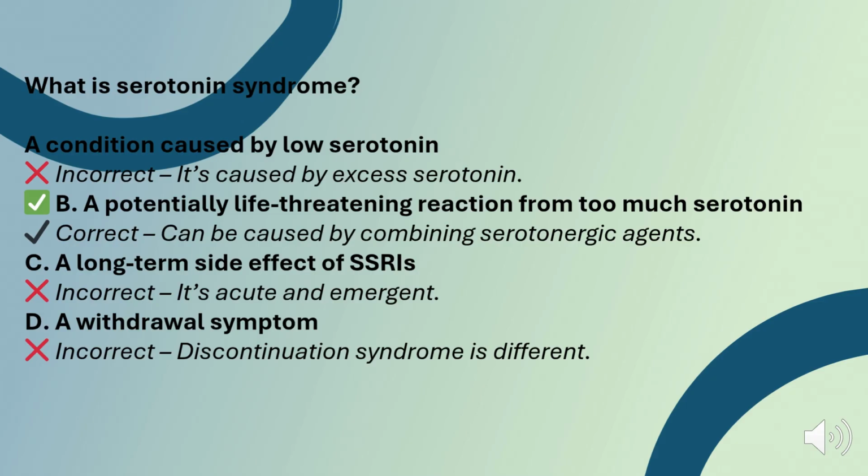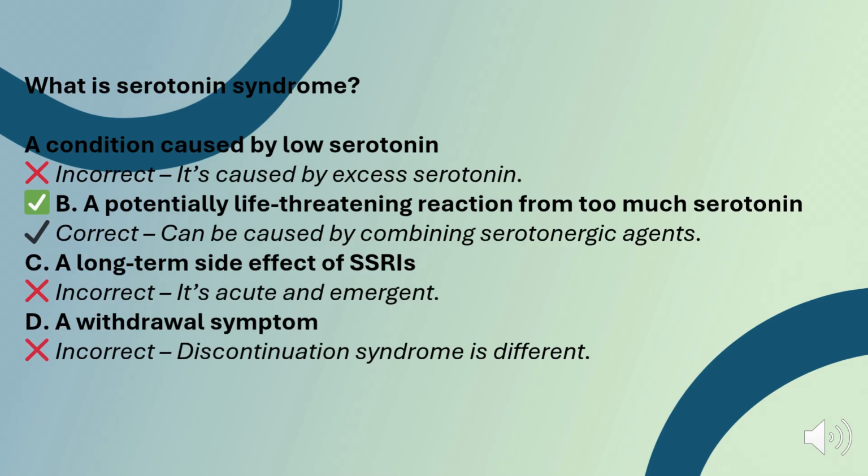A condition caused by low serotonin. That's incorrect. If you said B, a potentially life-threatening reaction from too much serotonin, that's the correct answer. Too much serotonin is serotonin syndrome. You want to look for agitation, increase in reflexes, confusion. It's not about discontinuation.